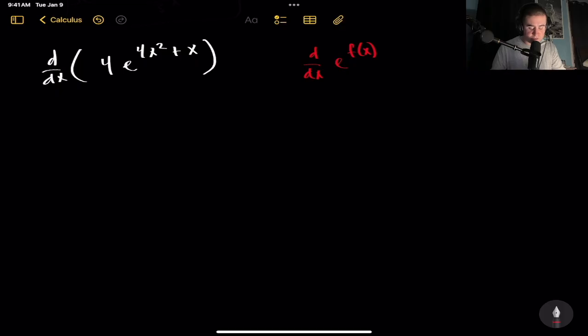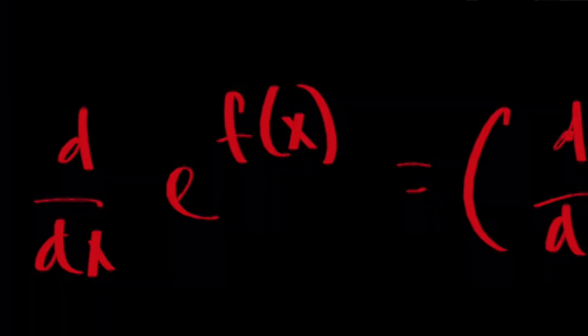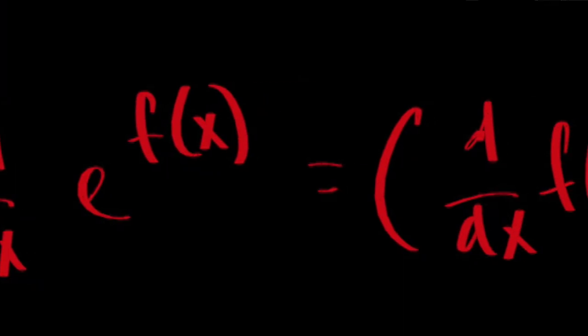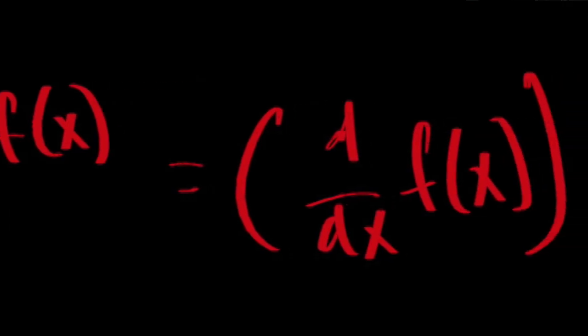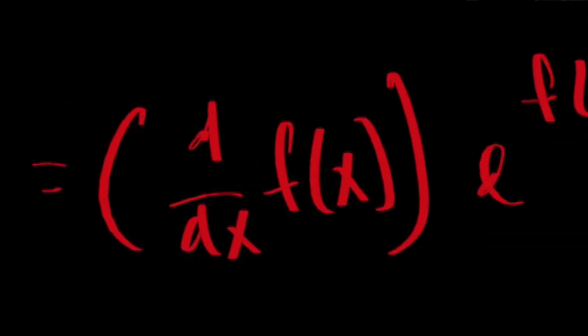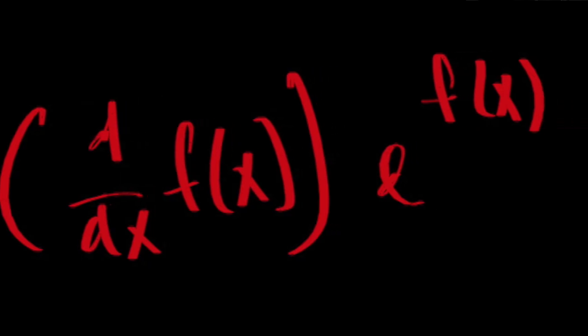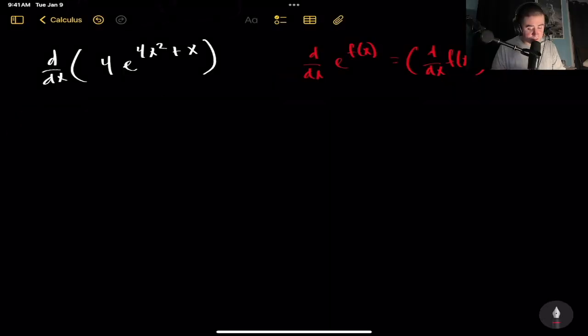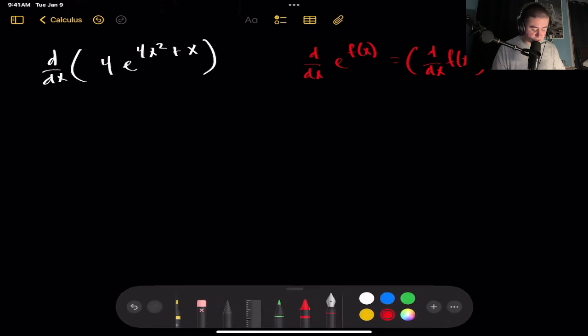I'm going to write it as f of x in this case. So our derivative really has this, taking the derivative of that exponent, which I have here as f of x, and then just rewriting the original function. And that's it. So let's do an example so we can better understand what that actually looks like.